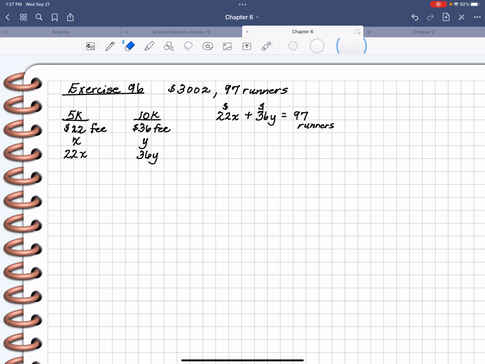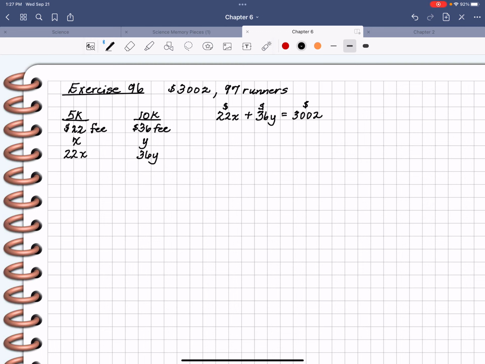We need to have money and money equaling money. That's very tricky, and that's a mistake I've seen students make a lot. We want the units to match through the problem. So the 5K runners raised some money, the 10K runners raised some money. Together, they raised $3,002. So that's one of my equations.